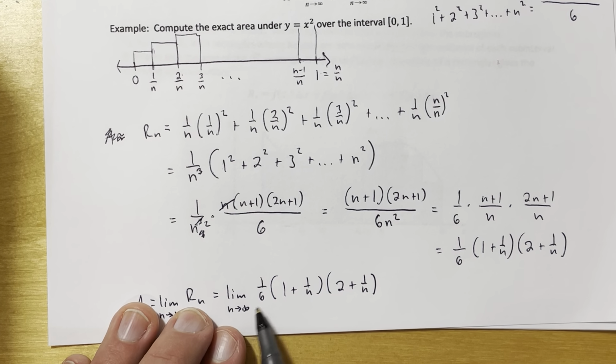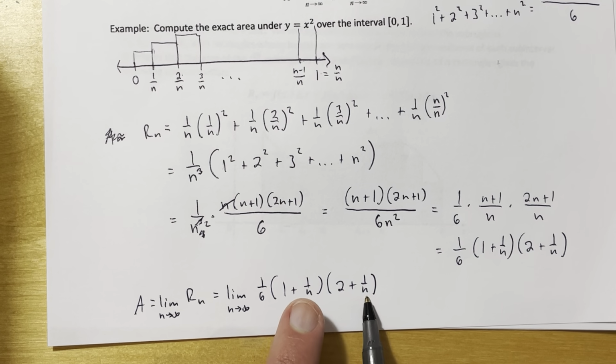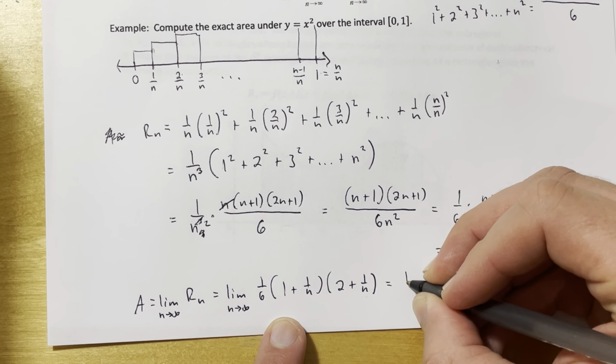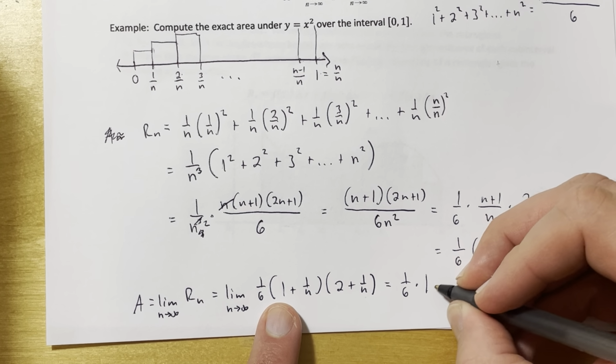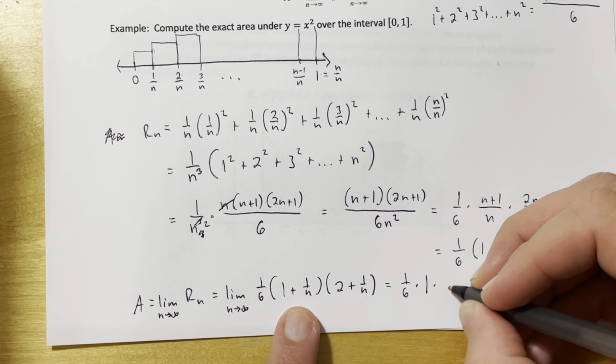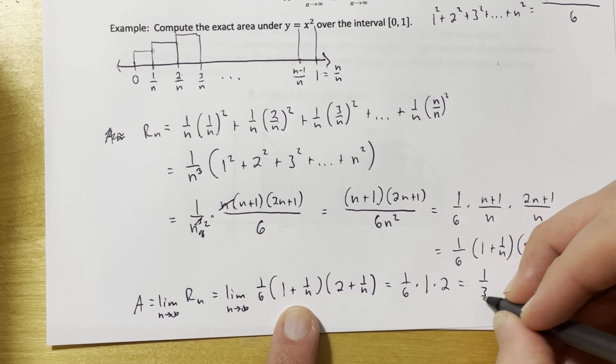Now, if I were to take this limit into each factor of this product, it's only going to really do anything with these 1 over n's. And we know that the limit as n goes to infinity of 1 over n is equal to 0. These two terms are going to shrink to 0. And so I get 1/6 times 1 plus 0, so 1, times 2 plus 0, or 2. That's 1/6 times 2, or 1/3.